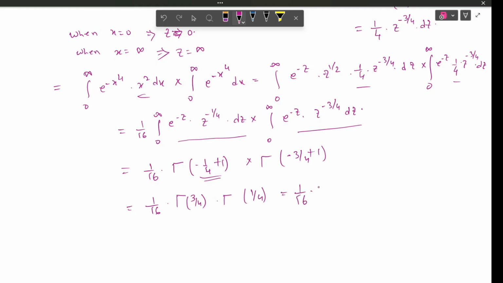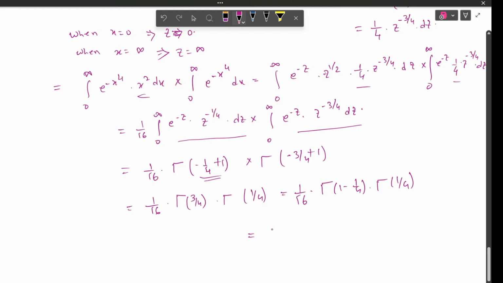Okay, let's see. So 1 by 16, gamma of 1 minus 1 by 4, gamma of 1 by 4. So this should be 1 by 16 into, from property we can say that this is pi by sine of n pi. So n is 1 by 4, pi.